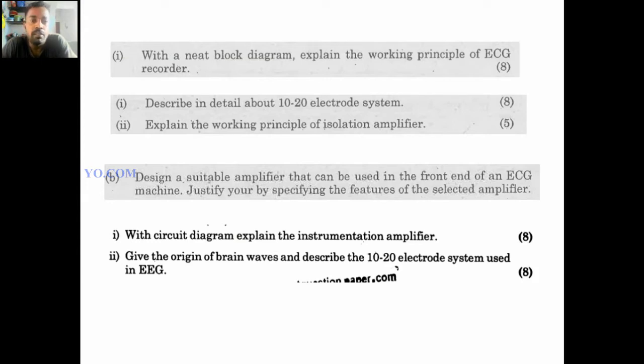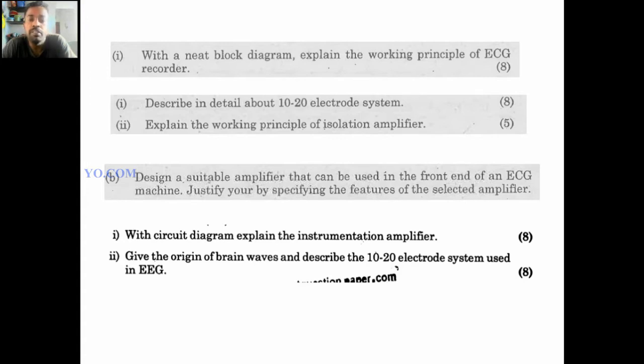First one, with the block diagram explain the working principle of ECG recorder. That is an 8-mark question. Then describe in detail about the 10-20 electrode system. That also comes under ECG recorder. That is an 8-mark question. Then explain the working principle of isolation amplifier.